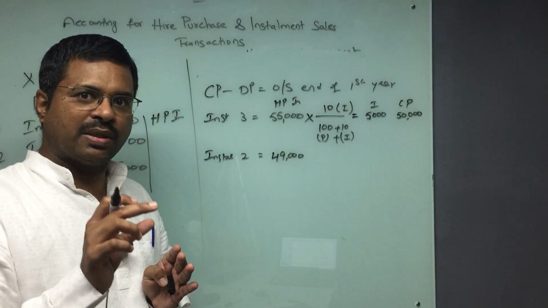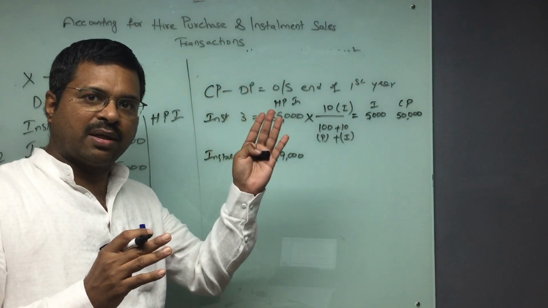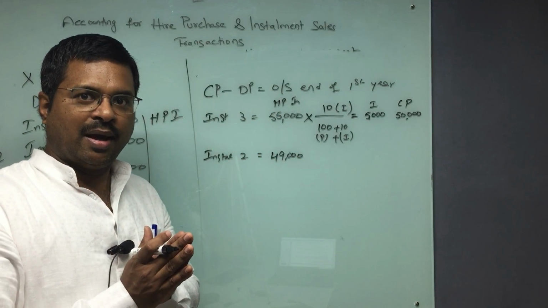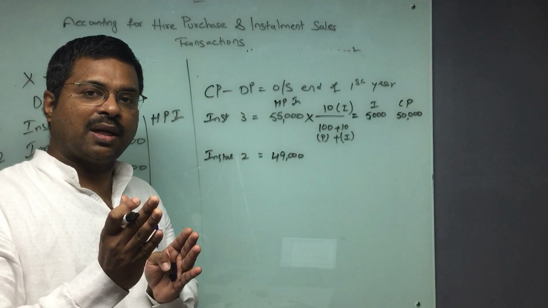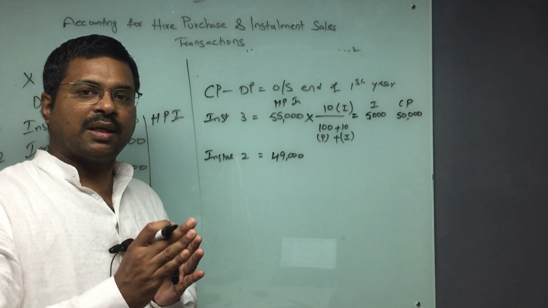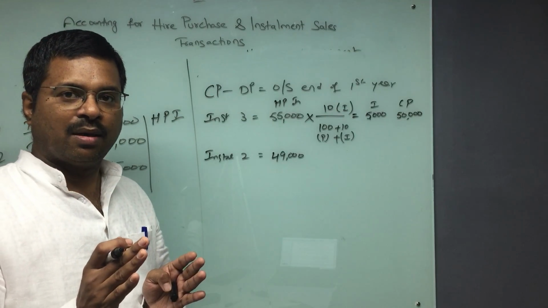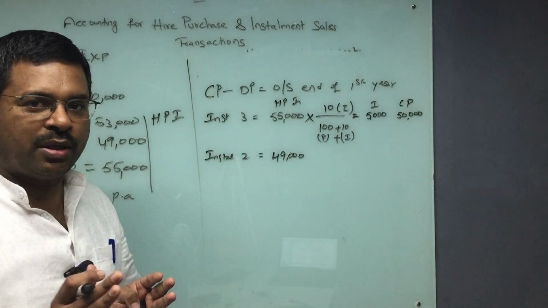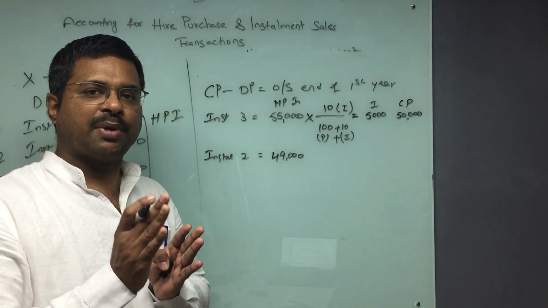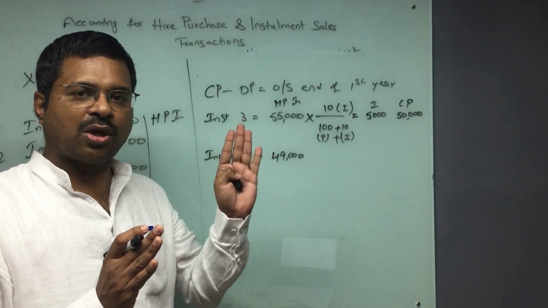So at the beginning of the second year, I have only paid 1 year of the cash price. So the next 2 years of cash price are outstanding, and interest will be calculated on the next two installments for 1 year. Are you getting my point? At the beginning of the second year, I have only paid the cash price of installment 1.